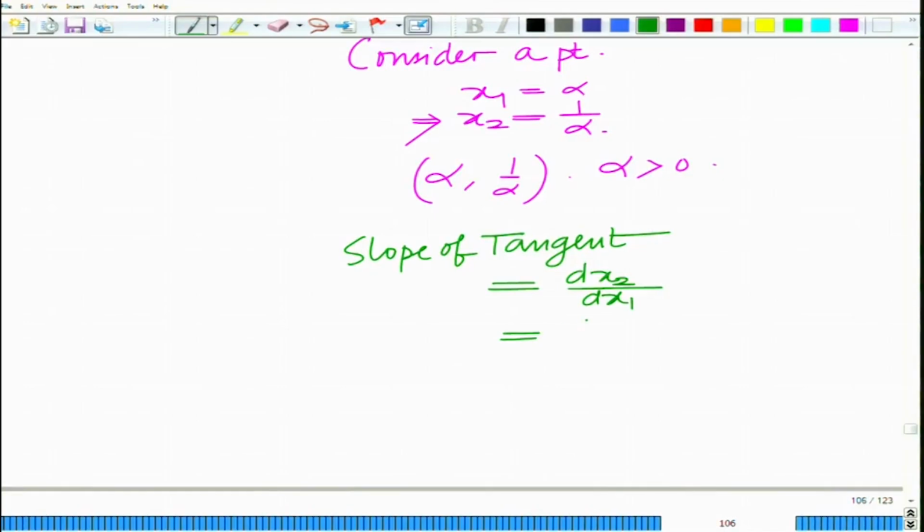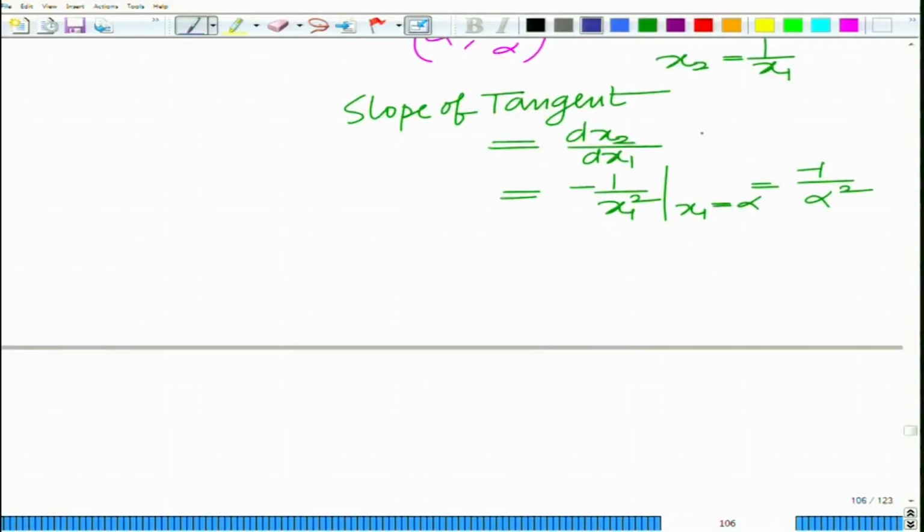So, dx2 by dx1, remember, x2 equals 1 over x1, which implies dx2 over dx1 is the derivative of 1 over x1 with respect to x1, which is minus 1 over x1 square, and evaluated at x1 equals alpha, this will be minus 1 over alpha square. This is basically the slope of the tangent.